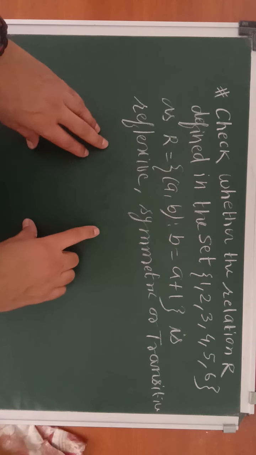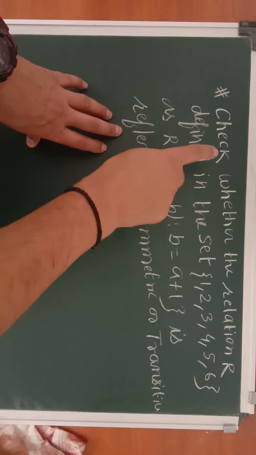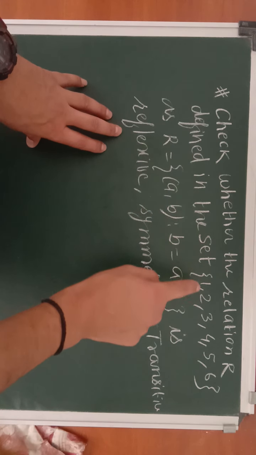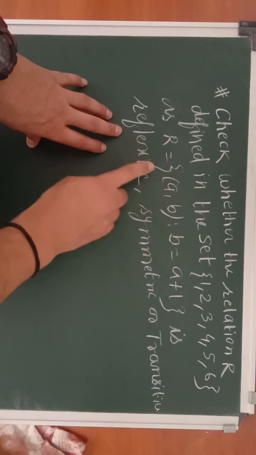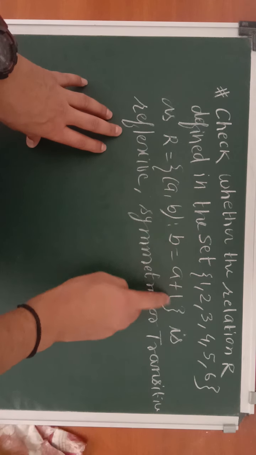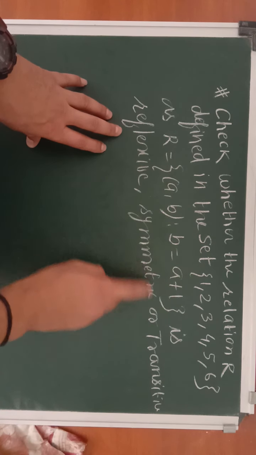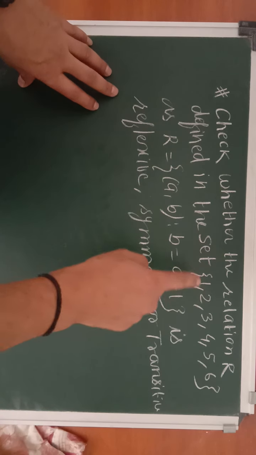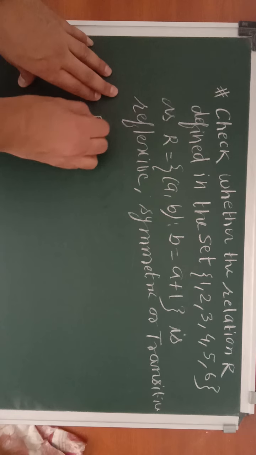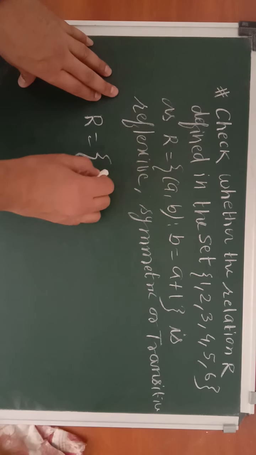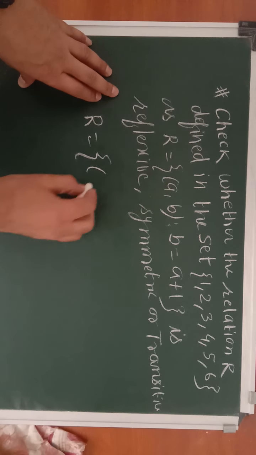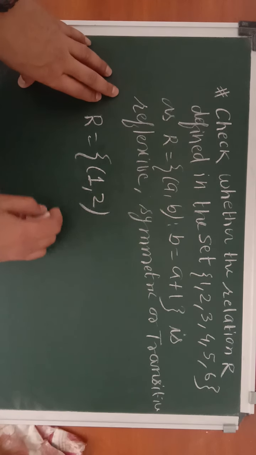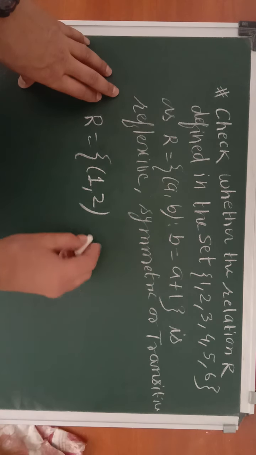Children, in this question we have been given this condition to check whether the relation capital R defined in the set {1, 2, 3, 4, 5, 6} as B is equal to A plus 1 is reflexive, symmetric or transitive. As you know that we have to take the elements from this set only, so I can construct the relation like this: if I take A as 1, B will be 2 because B is A plus 1.